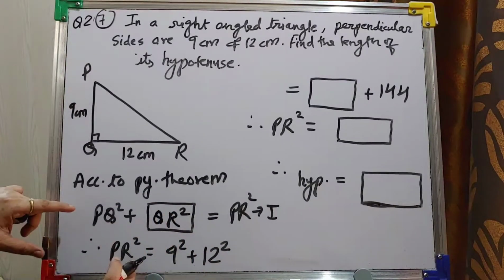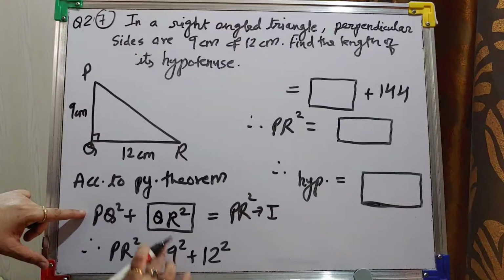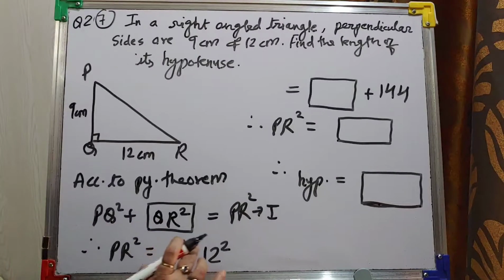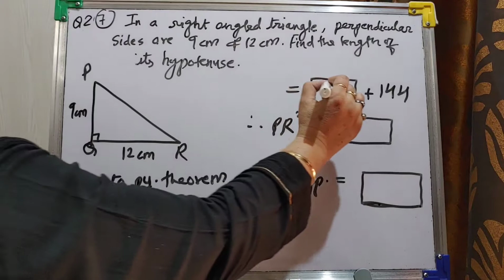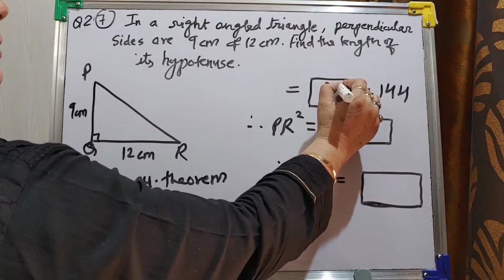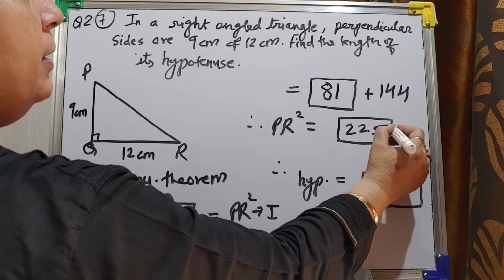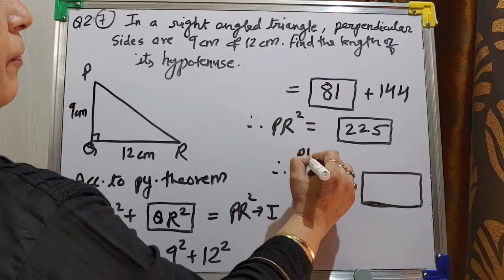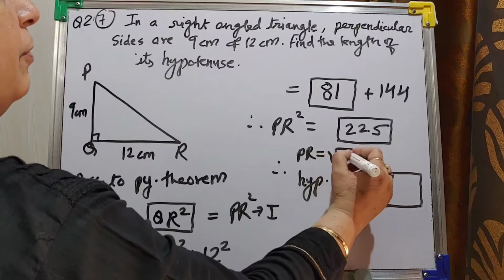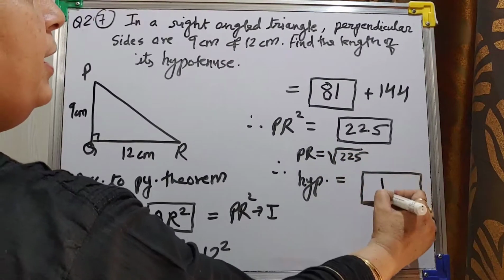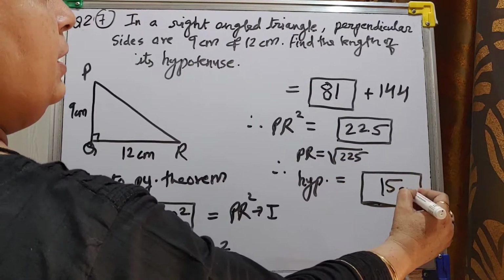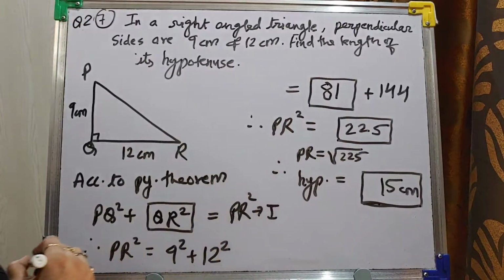PQ is 9, QR is 12, so 9 square plus 12 square. 9 square is 81, 12 square is 144. Add both, it is 225. So PR will be the square root of 225, which is 15. So your hypotenuse will be 15 centimeter.